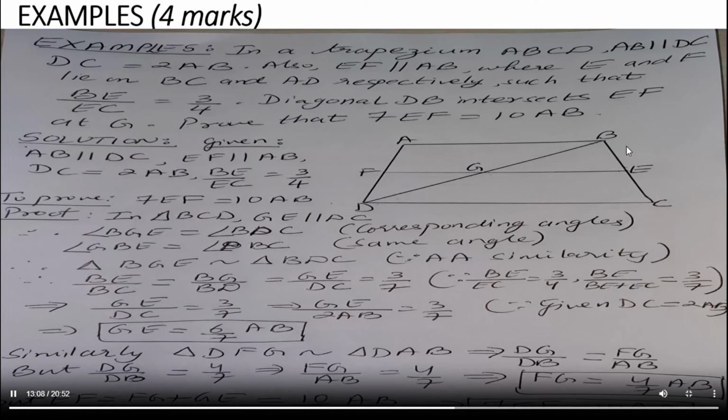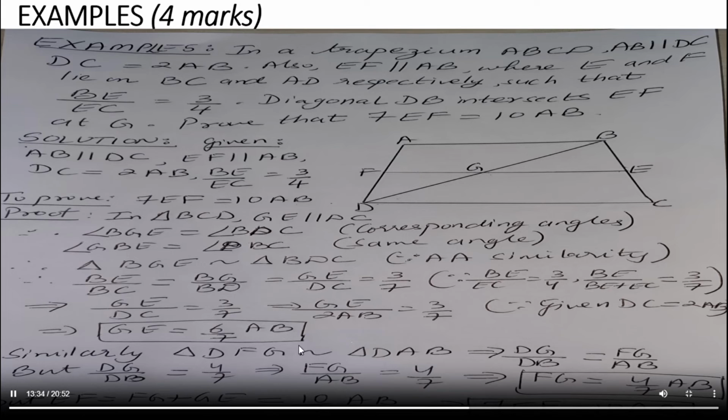Why? Because it is given BE upon EC is 3 by 4, so EC upon BE is 4 by 3. So DG upon GB will also be 4 by 3. So DG upon DB will be equal to 4 by 7. Since DG upon DB is 4 by 7, FG upon AB will also be equal to 4 by 7. So FG is equal to 4 by 7 AB.